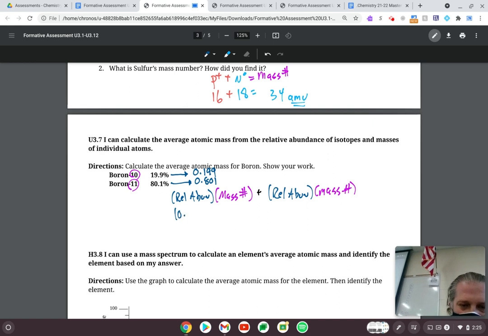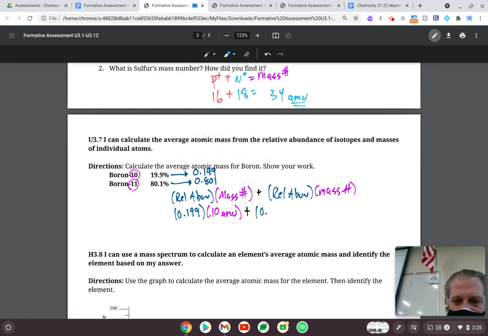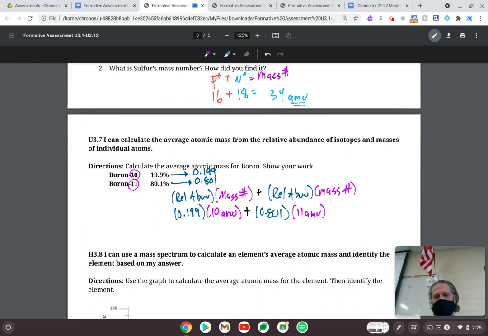I'm going to take 0.199 times 10 AMU plus the relative abundance again, which was 0.801 times 11 AMU. And I'm going to do some calculating.